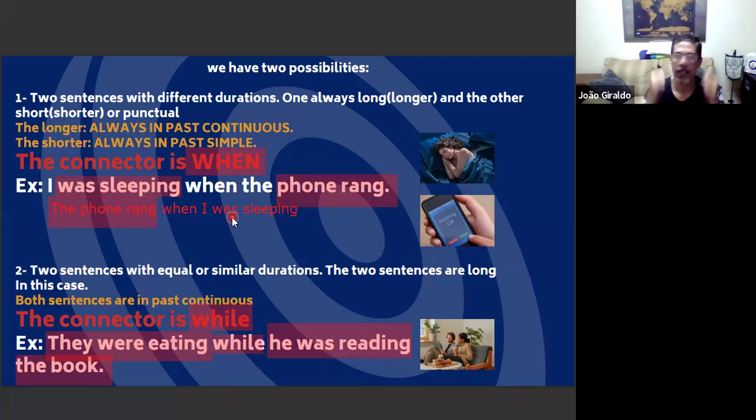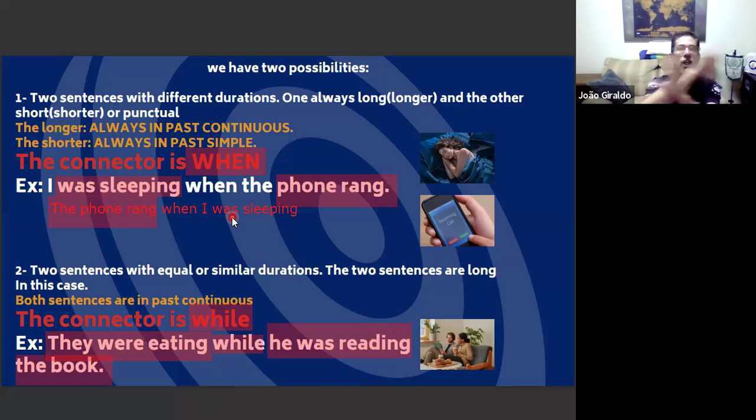So your sentence is perfect. Change the position. He was reading the book while they were eating. Not a problem. Also possible. No different in the understanding of your sentence.